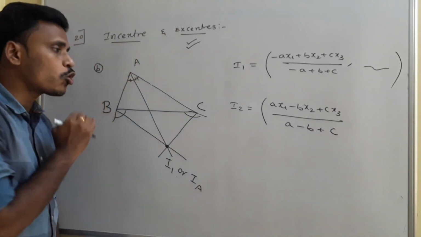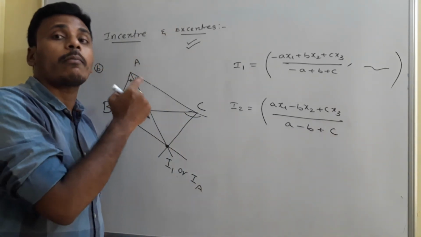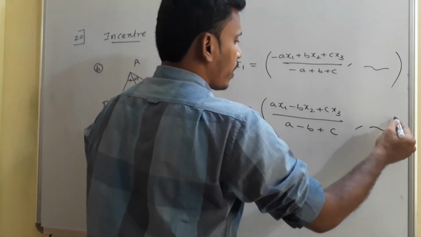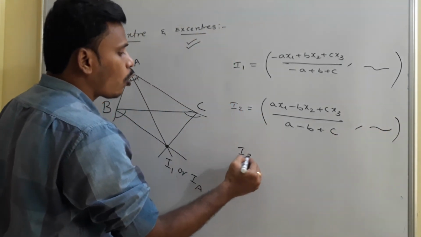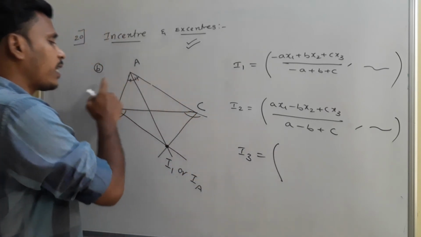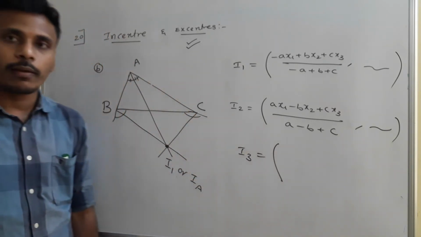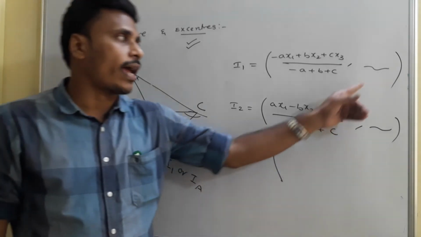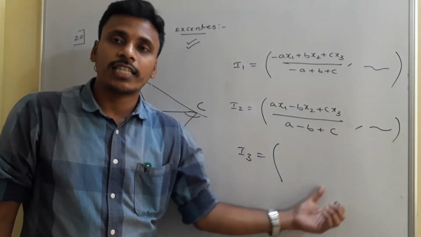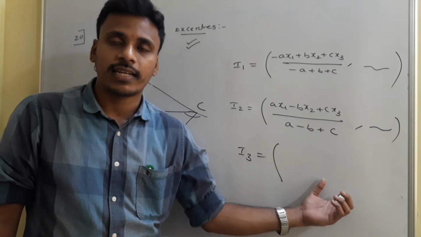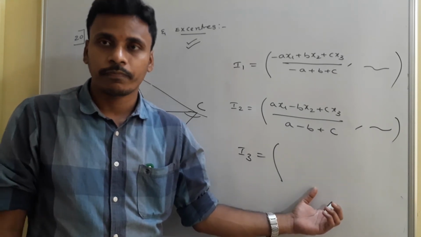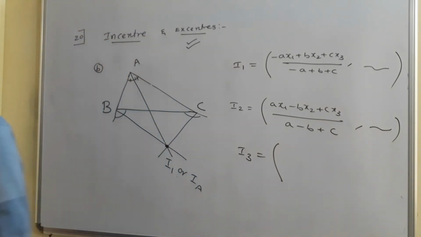Since it is opposite to vertex B, we need to take minus b. Similarly the y coordinate. In the same way you can write the coordinates of I3, the excenter opposite to vertex C. Just have a look. You just complete it: write these y coordinates as well as the coordinates of I3, the excenter opposite to vertex C. After this I will give you a problem to solve all these things.